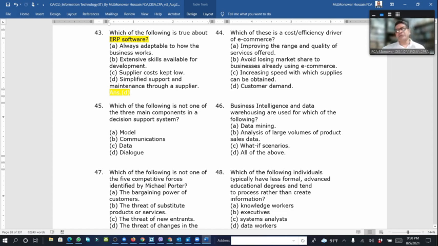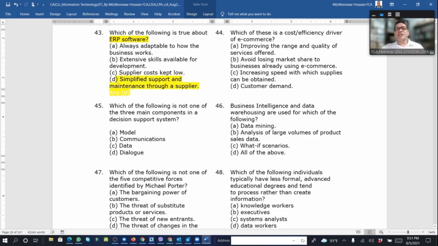So for ERP, simplified support and maintenance through a supplier. The options were: always adopted how the business works, extensive skill, supplier cost kept low, and simplified support and maintenance through a supplier.